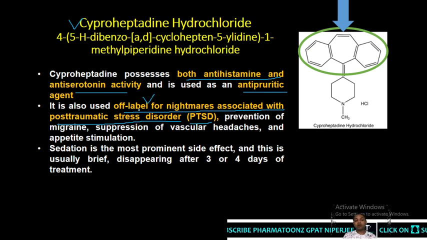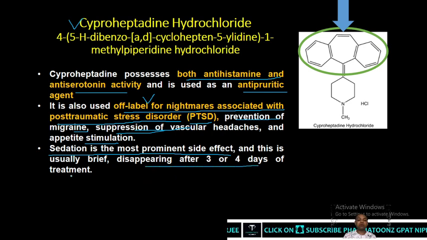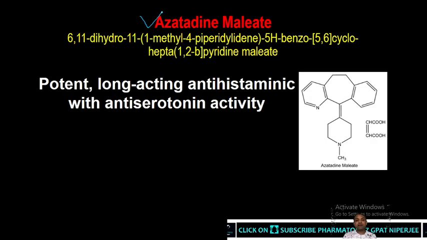It is also used in prevention of migraines, suppression of vascular headache as well as appetite stimulation. Sedation is the most prominent side effect of this drug, and this usually disappears after 3 to 4 days of treatment. Next is azatadine maleate.